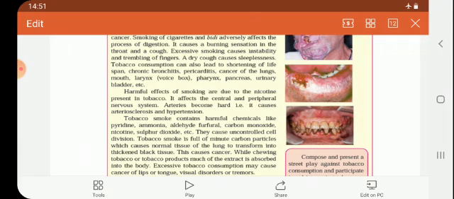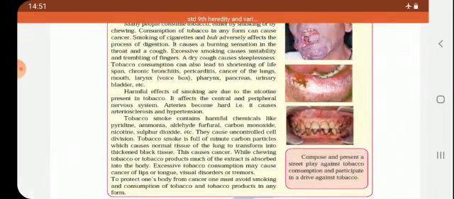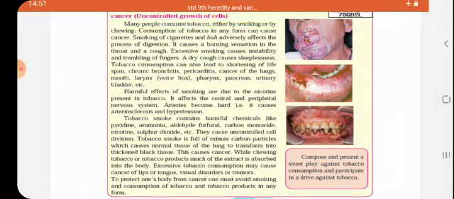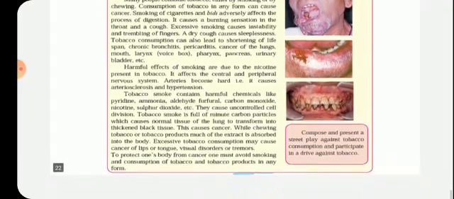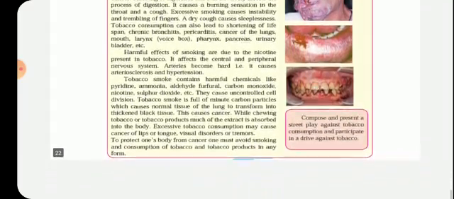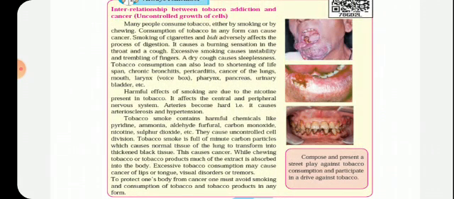They cause uncontrolled cell division. Uncontrolled cell division means a cell divides in our body, but keeps on doing that process without control. As it contains carbon particles, which are very dangerous, it thickens the tissue. Carbon is black in color.